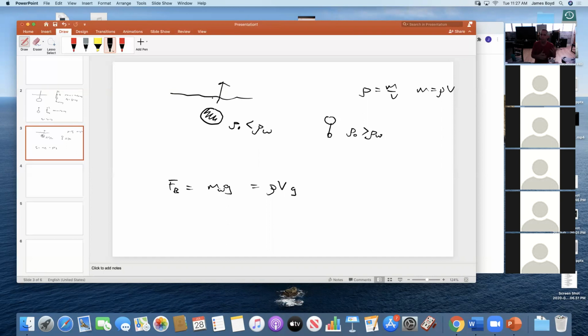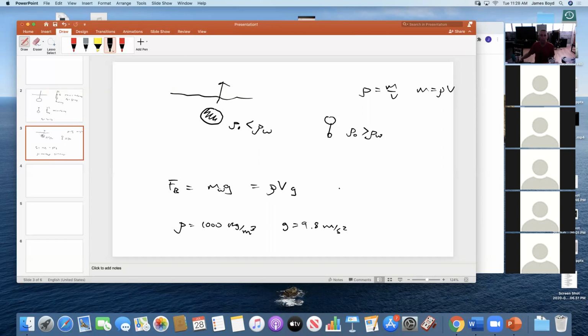It has to be the same volume, the amount of water that was removed. So the buoyant force ends up being, and rho of water is 1,000 kilograms per meter cubed. You might have learned this as 1 gram per milliliter or 1 gram per centimeter cubed, but this is what it is, it's 1,000. G, we're going to say is 9.8 meters per second squared.